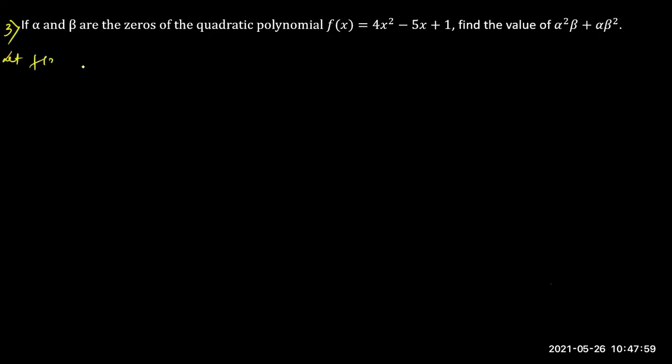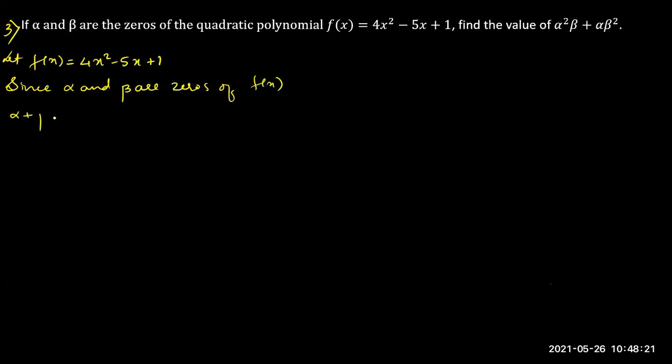Let f of x is equal to 4x square minus 5x plus 1. Then since alpha and beta are zeros of f of x, alpha plus beta is minus b by a.